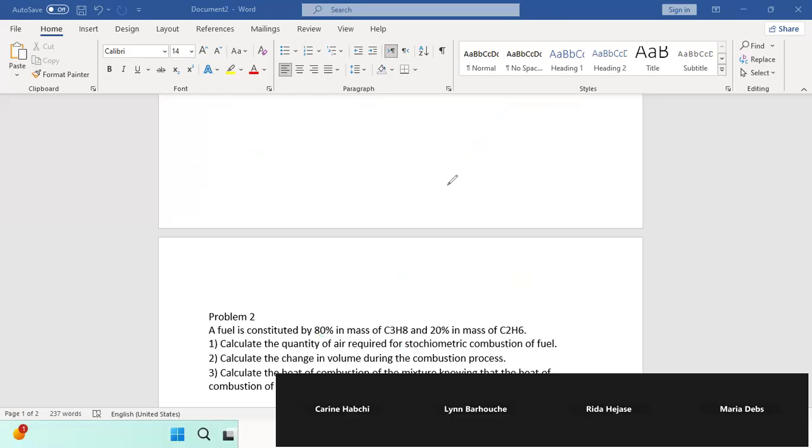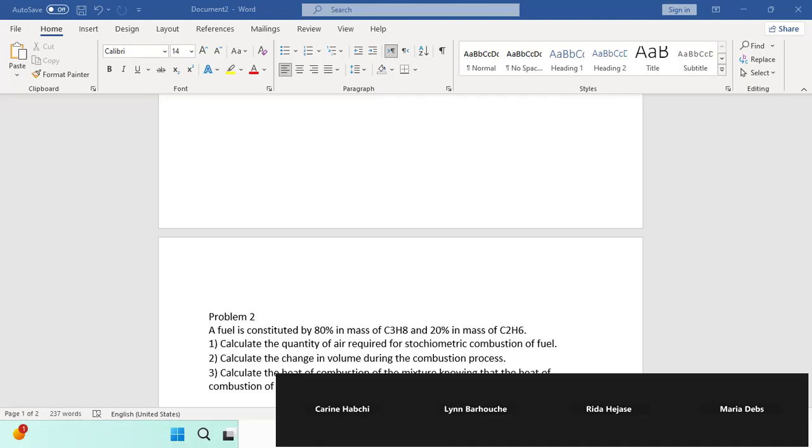Okay, so this is about how to calculate percentages in mass and volume, how to find the stoichiometric quantities of air, how to find the change in volume during combustion, how to find the heat of combustion, etc. All of this information is important if you want to assess the heat released, assess the quantity of CO2 emitted, and try to limit this quantity as much as possible.